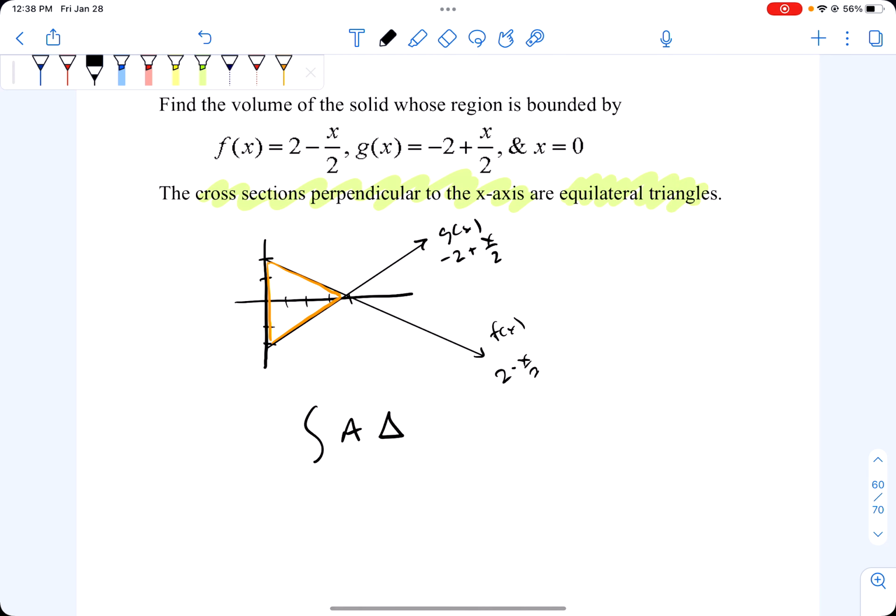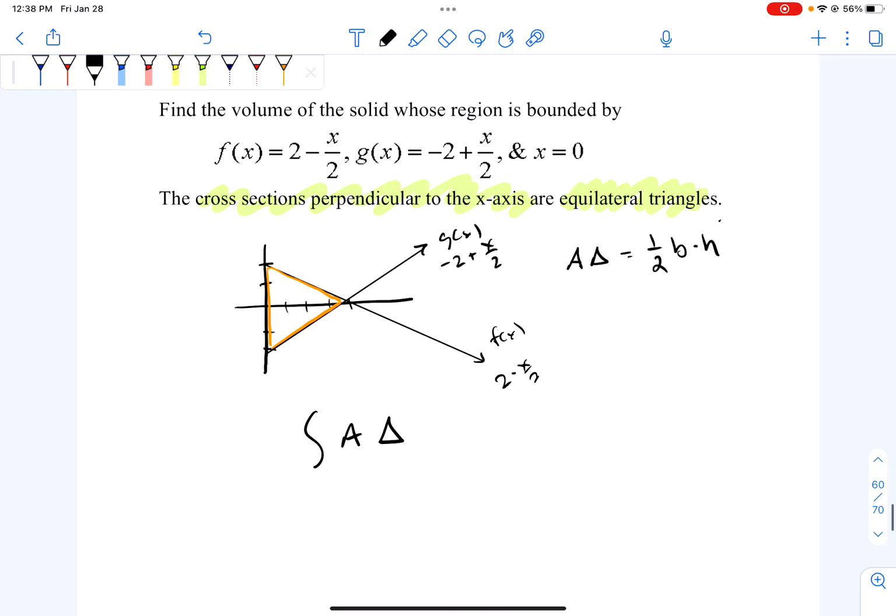So what I need to do is write the area of a triangle formula, but it needs to be in terms of only the base. Normally the area of a triangle is 1/2 the base times the height. That's not going to work because I don't know the height of my triangle.